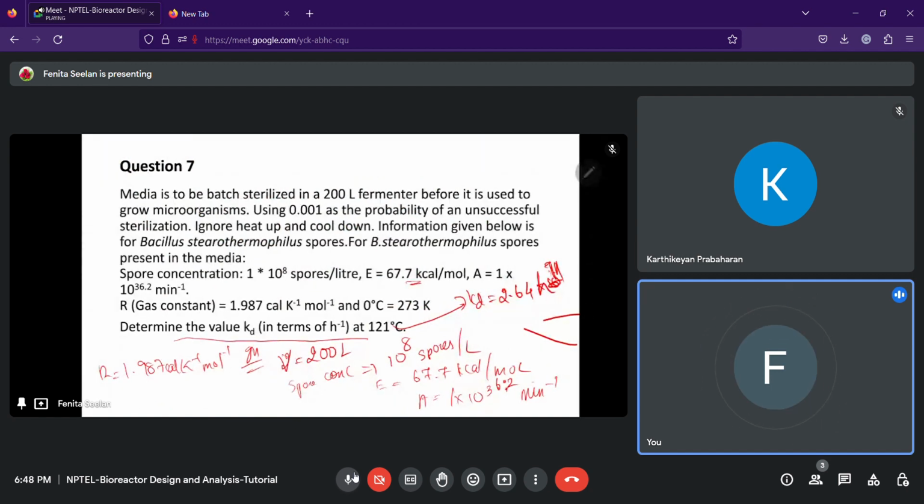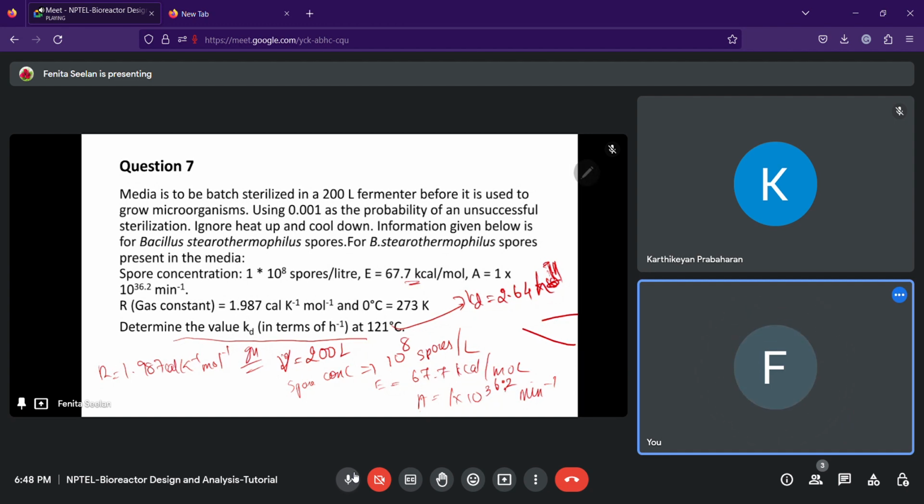So you were asked to sterilize a batch media, which is 200 liter, and your probability of unsuccessful sterilization is given as 0.001. You were asked to ignore the heat up and cool down periods. And for Bacillus stearothermophilus, the spore concentration was given as 10 power of 8 spores per liter.